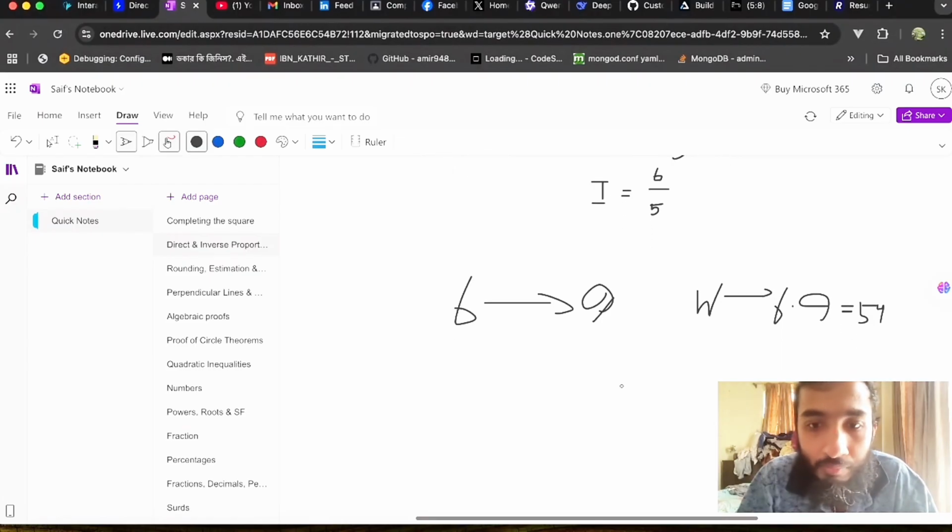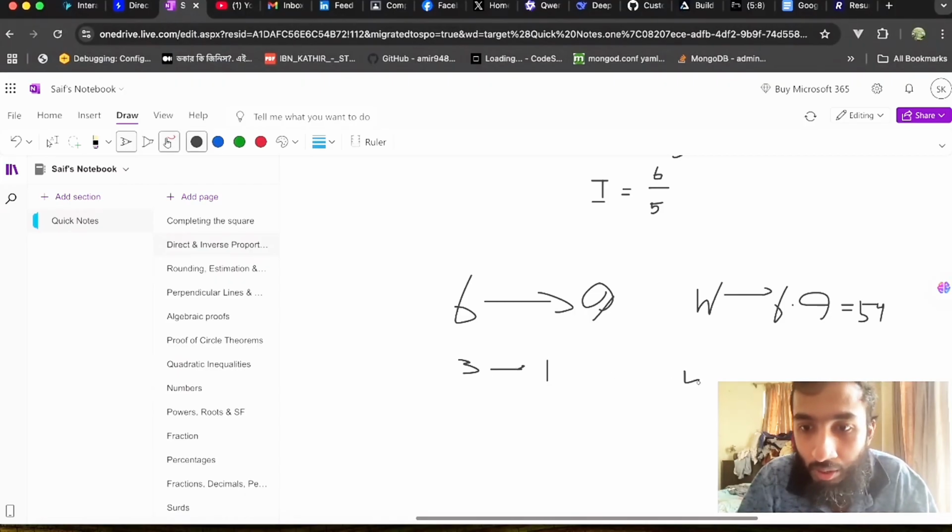Okay, on day 1, 3 machines are working for 1 day, so the total work on the first day is 3 multiplied by 1, which is 3 machine days.